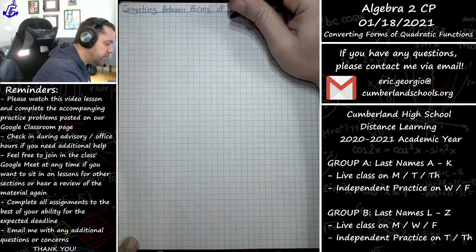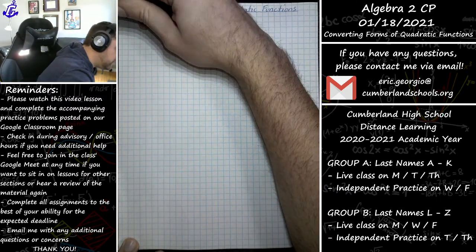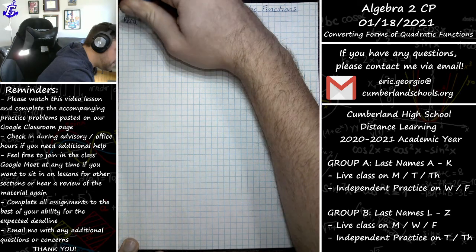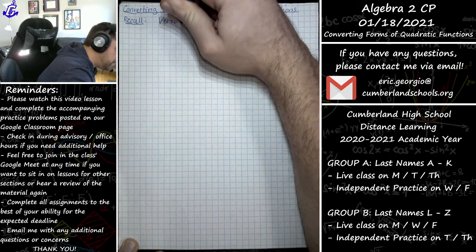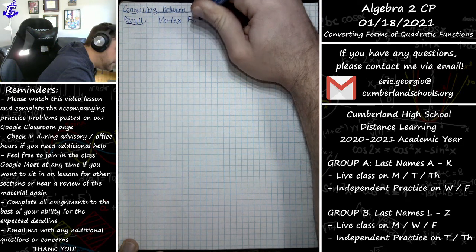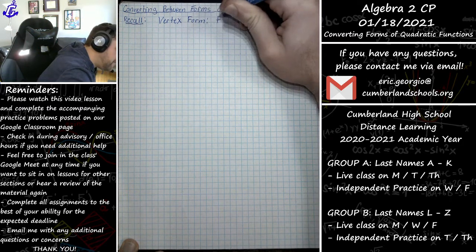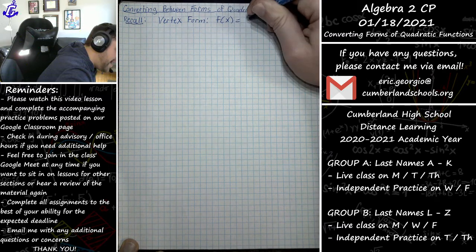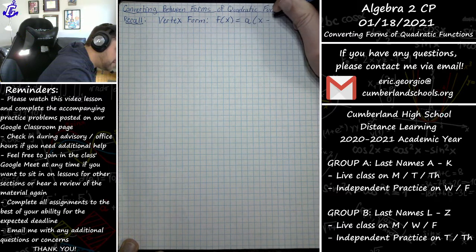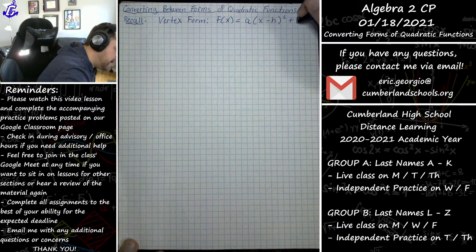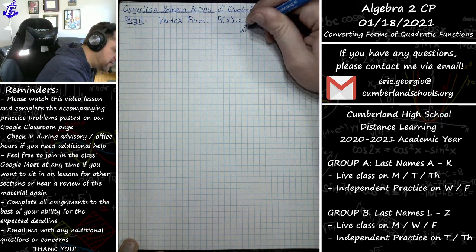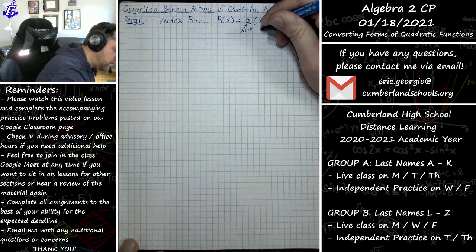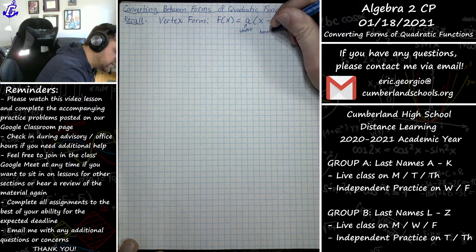Remember, just as a little refresher, a little recall, that the vertex form of a quadratic function is written as f of x is equal to a times x minus h squared plus k. And remember, this is your stretch, the a value. This is your horizontal shift, the h.